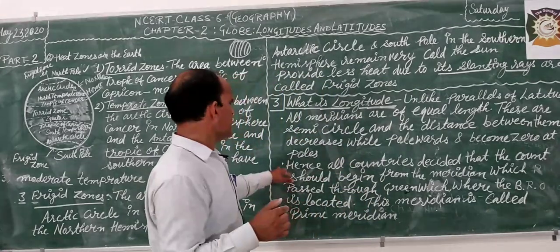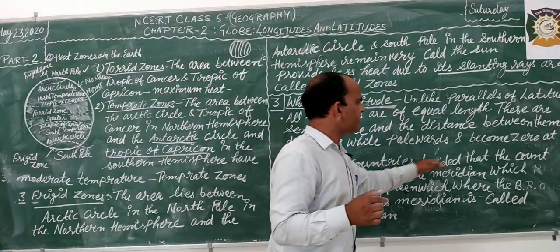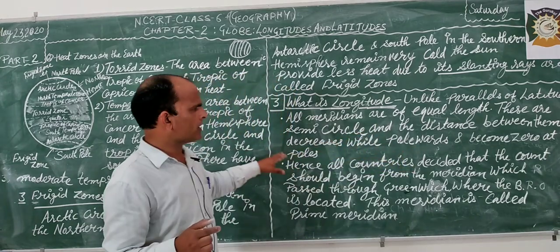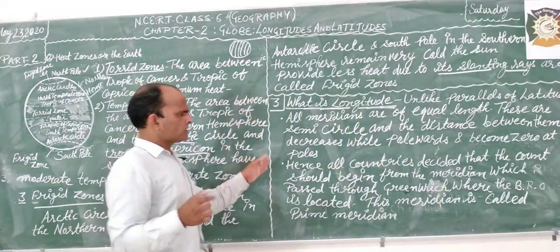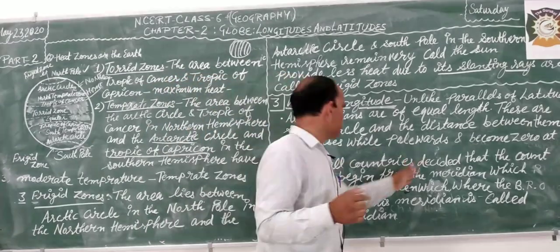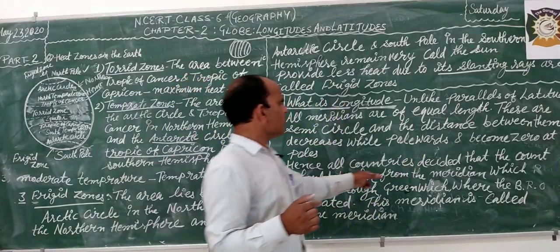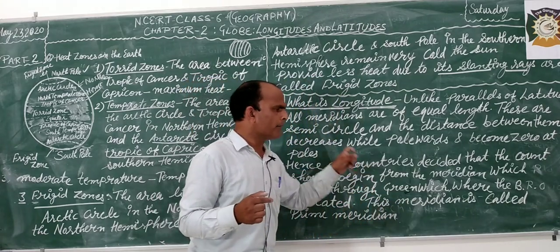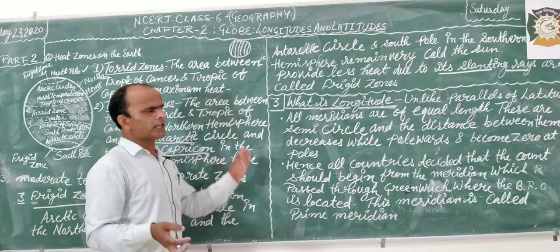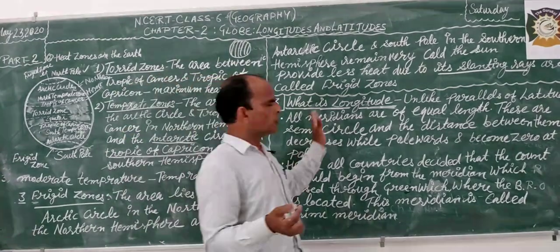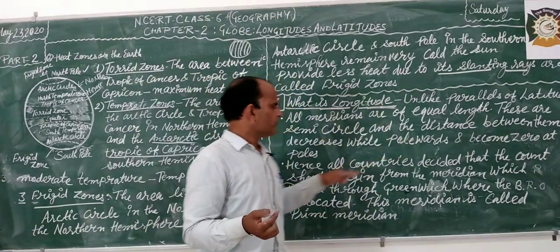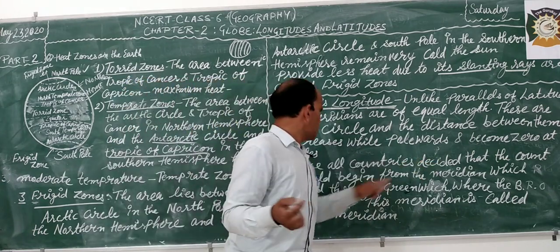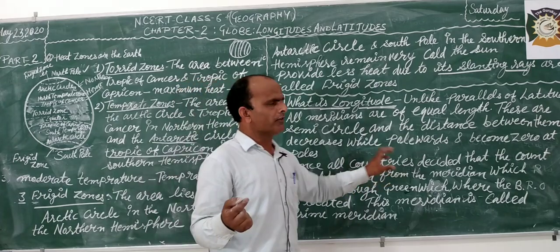If we want to count the longitudes, the count should begin from the meridian which passes through Greenwich. The meridians, the reference lines of longitude, are called meridians.